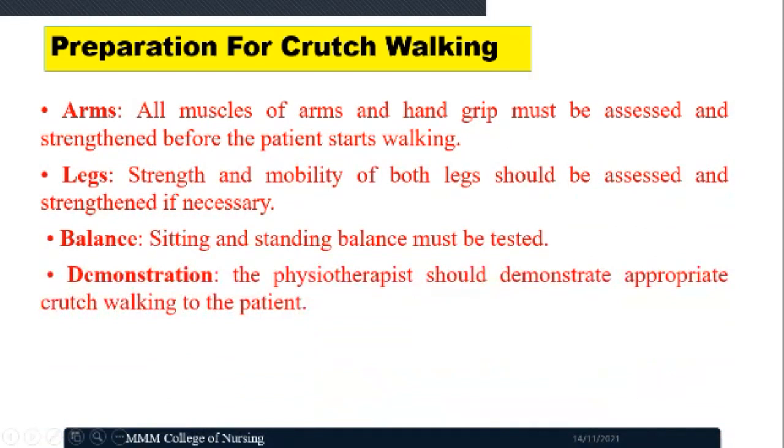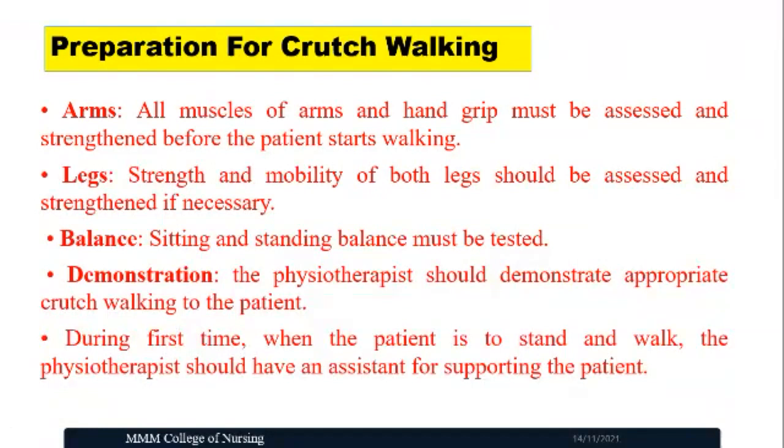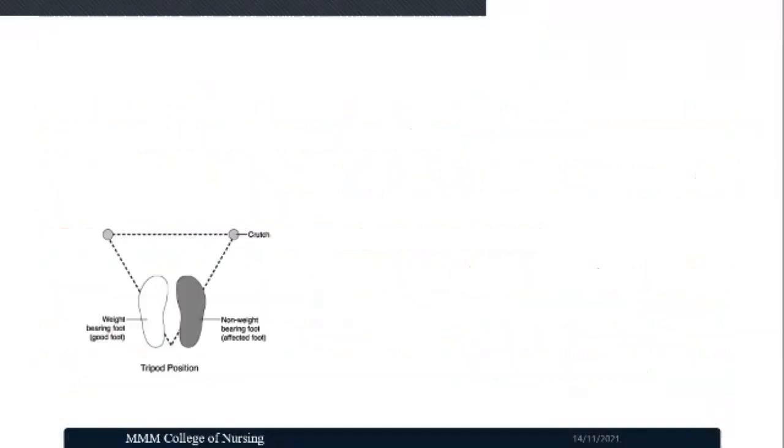Sitting and standing balance must be tested, and the patient should be demonstrated appropriate crutch walking according to the patient's requirement, that is the part of the body affected, the patient's ability to bear weight, and their center of gravity. When the patient is using the crutches for the first time to stand or walk, the patient should have support either from the physiotherapist or other medical team members.